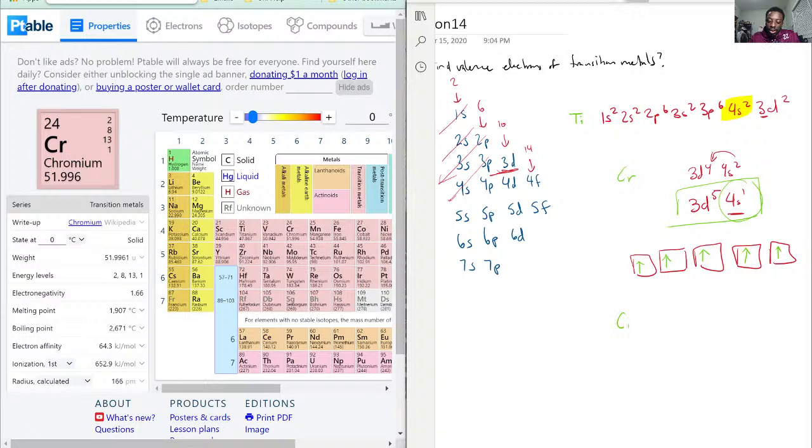I could probably say that one of the ions for chromium would be chromium 1, which would be written like this. And then if I said chromium oxide, for example, because it only gave up one electron, its most outer one, we would have Cr2O.